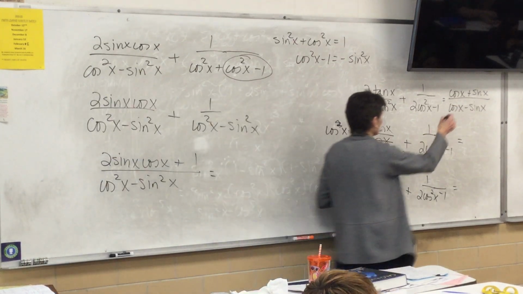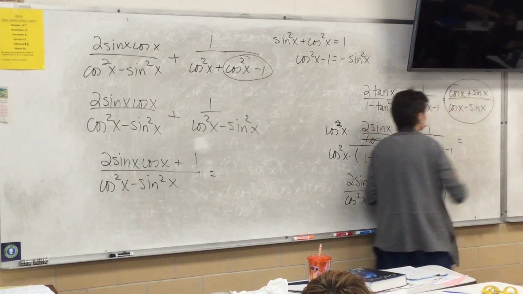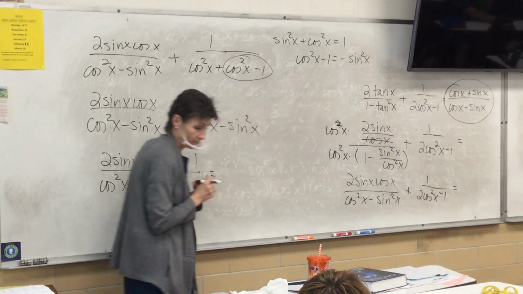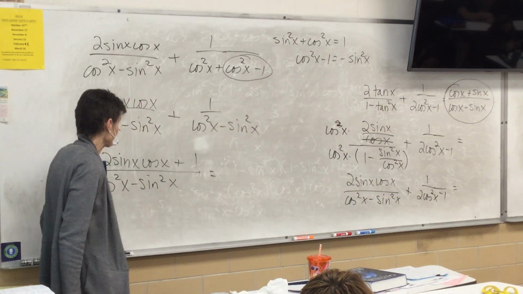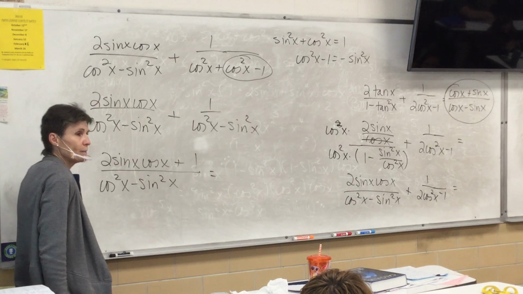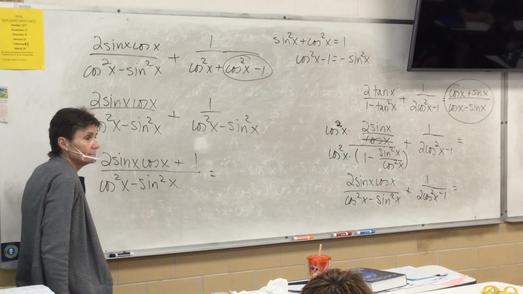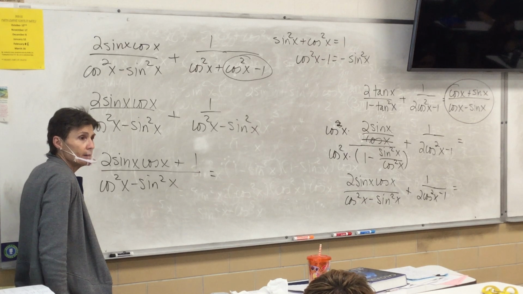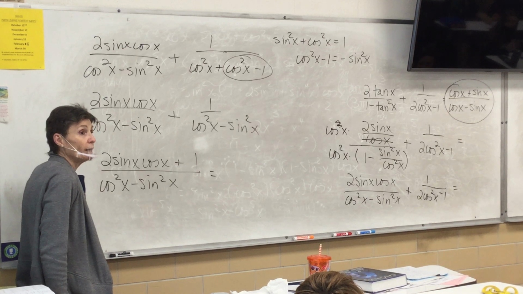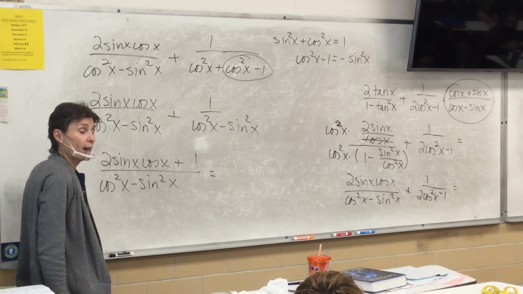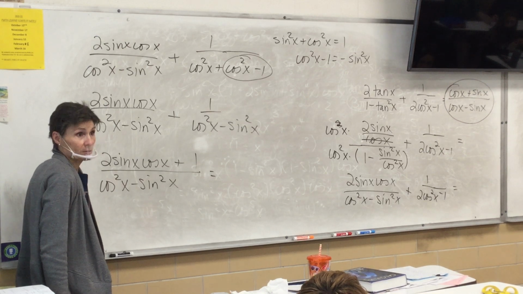Now, this is where you're going. Are we anywhere near that? Do you see anything at all? What? The denominator factors?